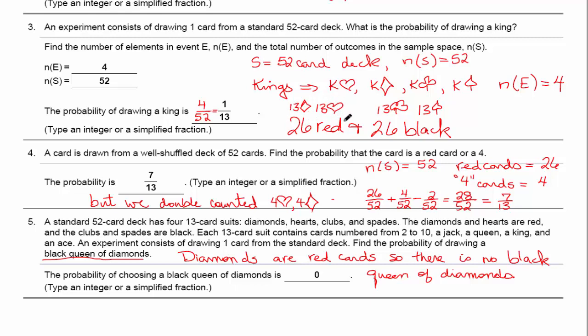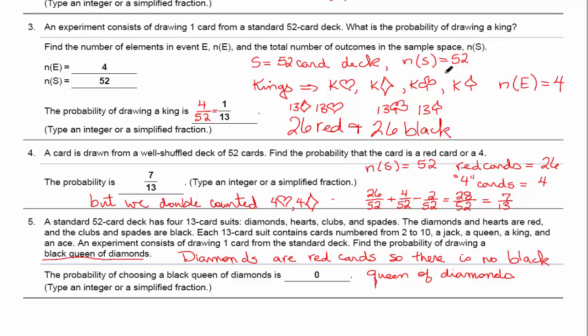Inside each one of these, the numbers go 2, 3, 4, 5, 6, 7, 8, 9, 10. And then you have a jack, a J, Q for queen, K for king, and A for ace. So each one of these has 13. And so what is our question? There are 52 playing cards.